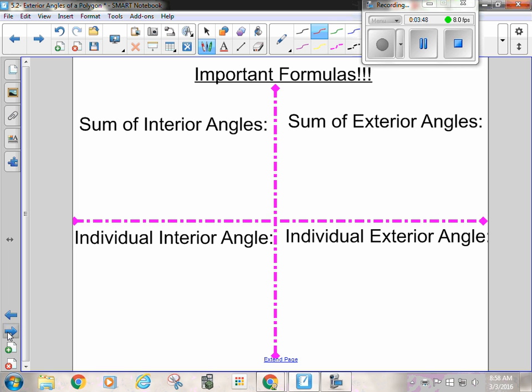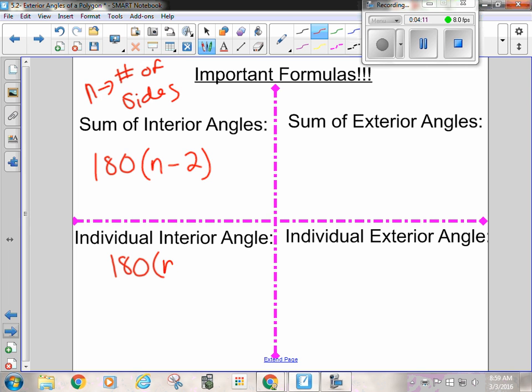All right, so important formulas. These are some from yesterday, the interior angle ones, and then today we're going to talk about the exterior ones. N, remember, is the number of sides. So the sum of the interior angles is 180 times N minus 2. If we want to know each individual interior angle, we take that formula and we divide it by the number of sides we have.